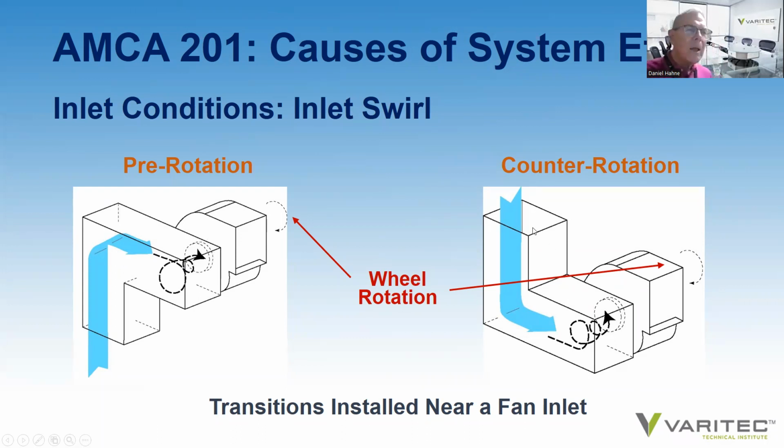If you have air swirling in the opposite direction to the fan wheel rotation, it will maximize the amount of system effect by decreasing a uniform flow profile at the inlet of the fan, and the fan will not load appropriately, and you'll have significant reduction of airflow rate.